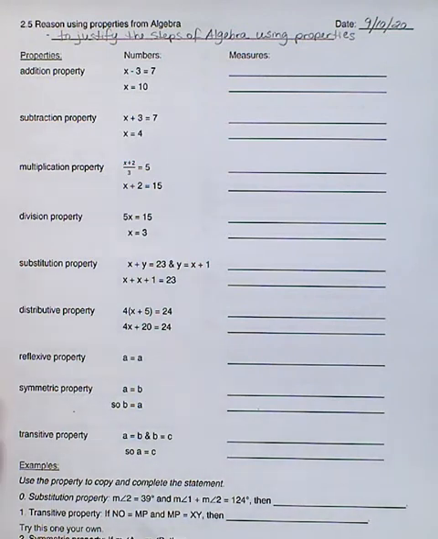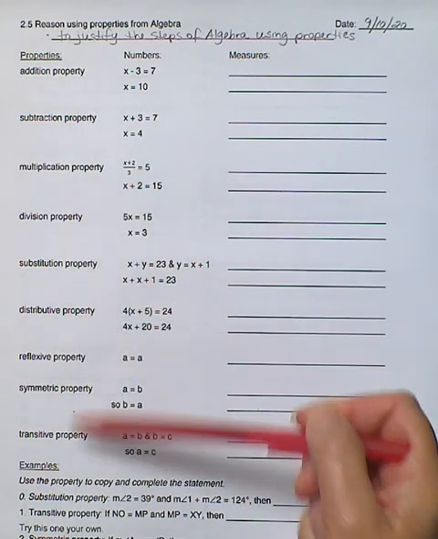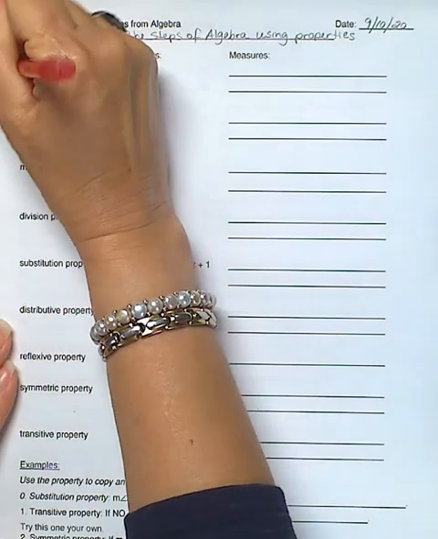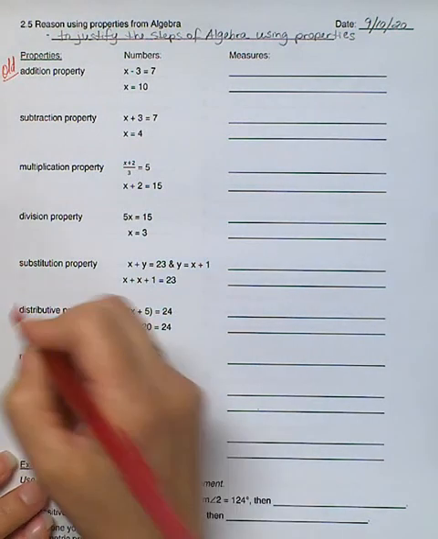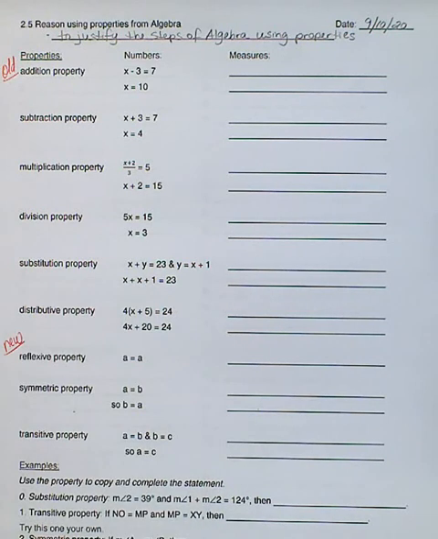So our property list has 9 properties today. The first 6, I would say, are old properties because you definitely learned those in pre-algebra and algebra. The last 3 I'm going to call new, because you might have learned those in algebra.